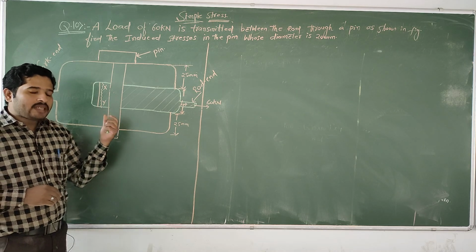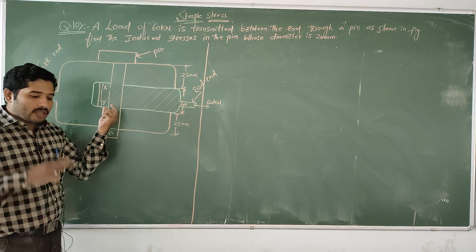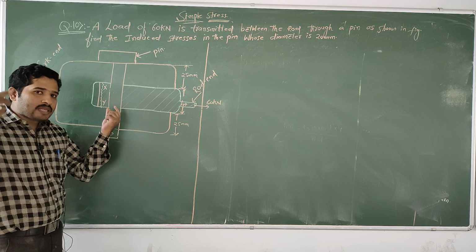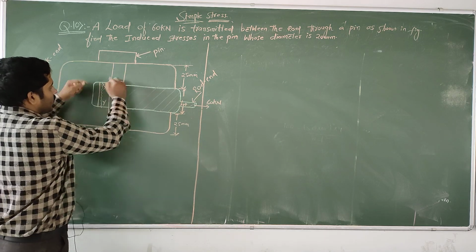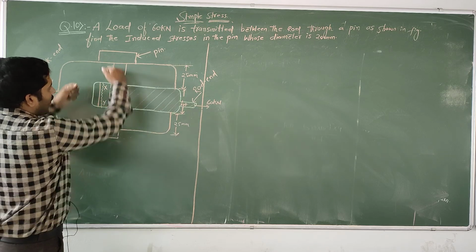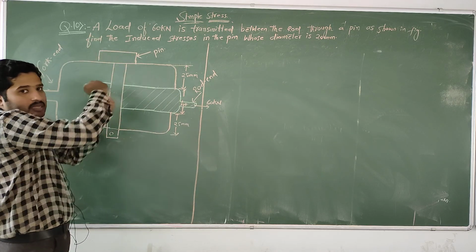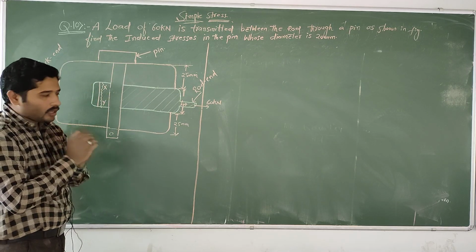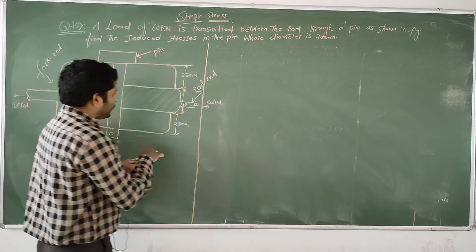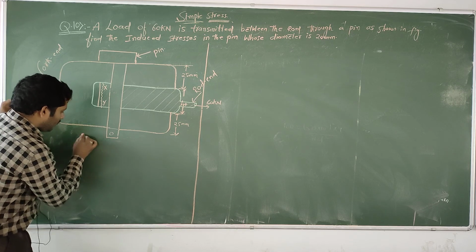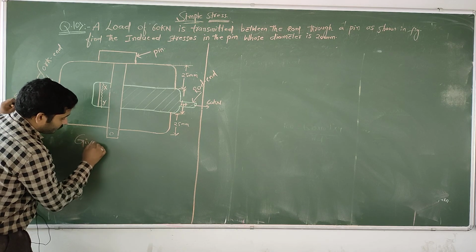If you want to design a pin, there are two types of stress induced. The first one is shear stress, and another one is crushing stress. So I will write the given data.